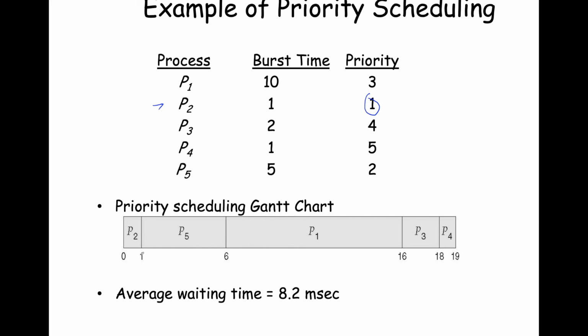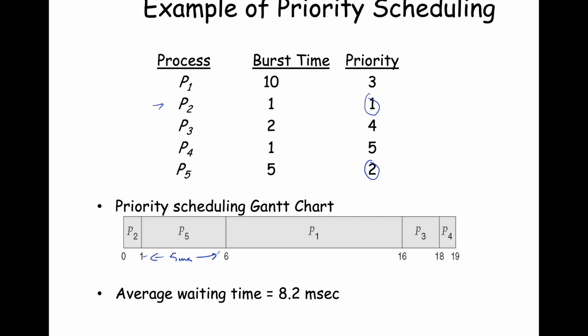After P2 is done, the next priority process is P5, because it has a priority of 2. P5 runs for its 5 millisecond burst time, so it completes at time 6 milliseconds.